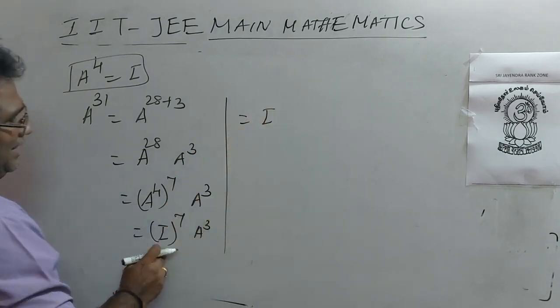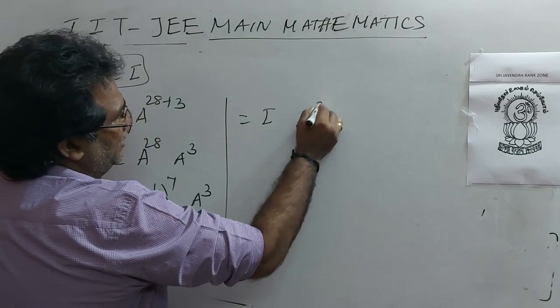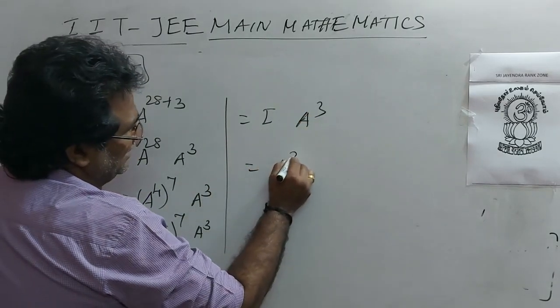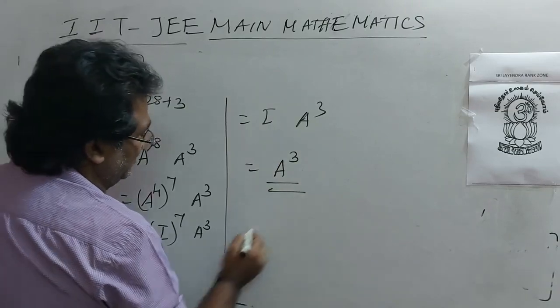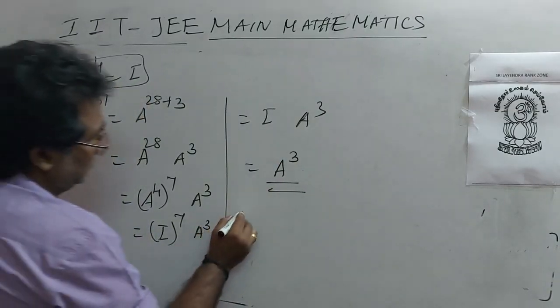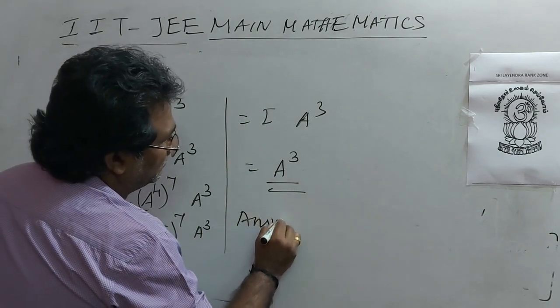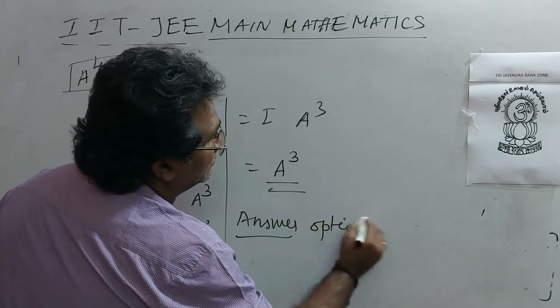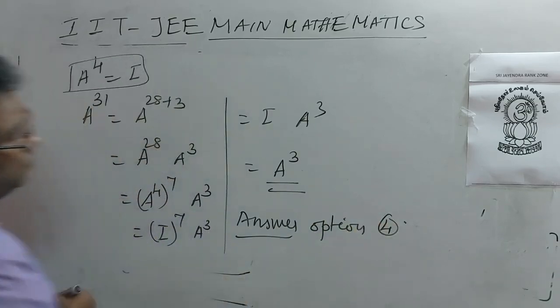We have only I into A cube. If you multiply any matrix with the identity matrix, you get the same matrix, A cube. So the answer is option 4.